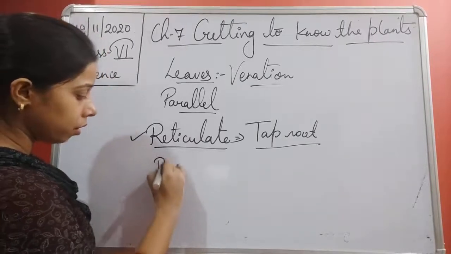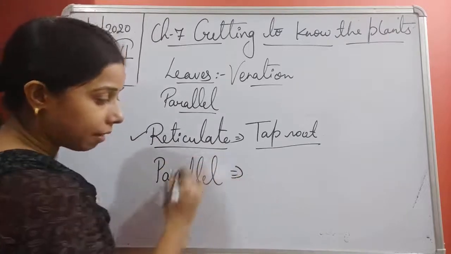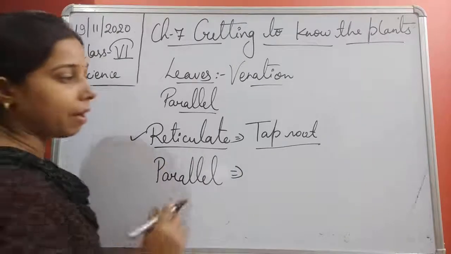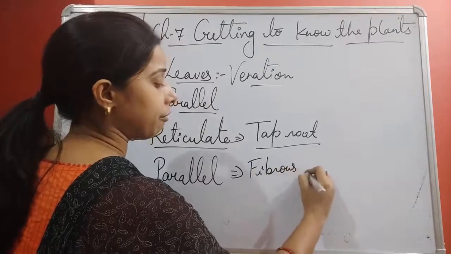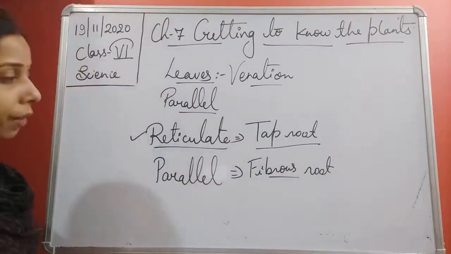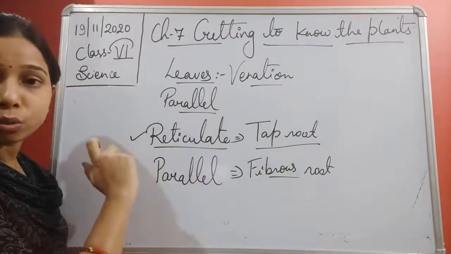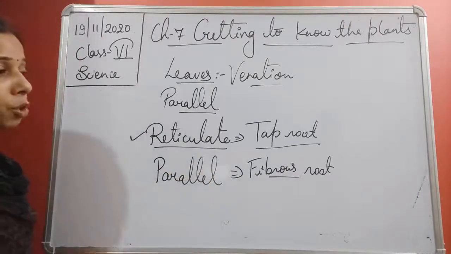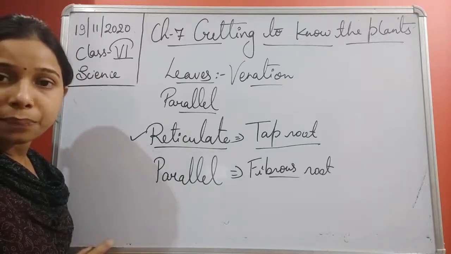If you see a leaf with parallel venation on the leaf lamina, then that plant will definitely have a fibrous root. So reticulate, taproot; parallel, fibrous root. You can see, students, that there is a relationship between the kind of venation and the kind of roots.